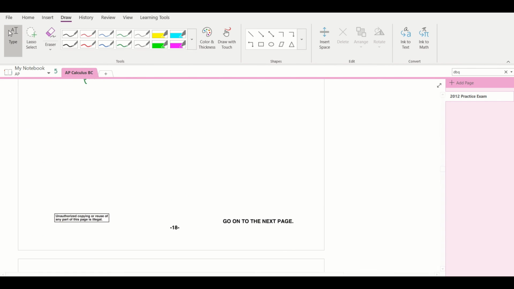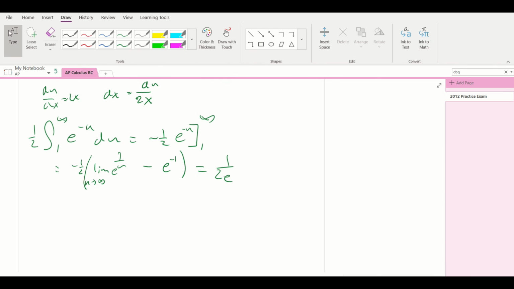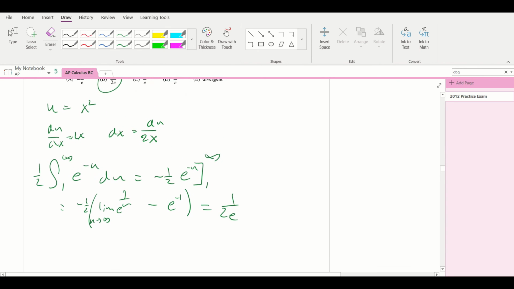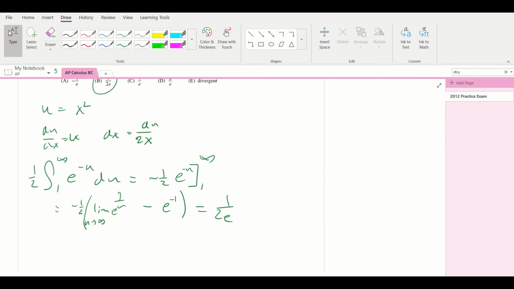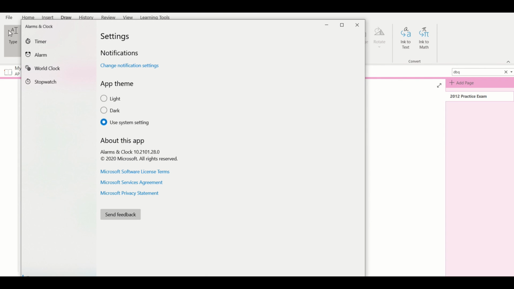I was able to get most of the problems done. I think I skipped 2 or 3 problems, but if you can't do any problems, just skip over them. If you can, it's obviously better, but not everyone's perfect.